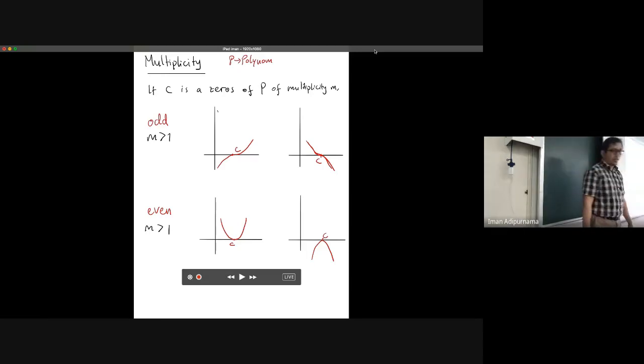It can also be used for rough sketching of graphs.